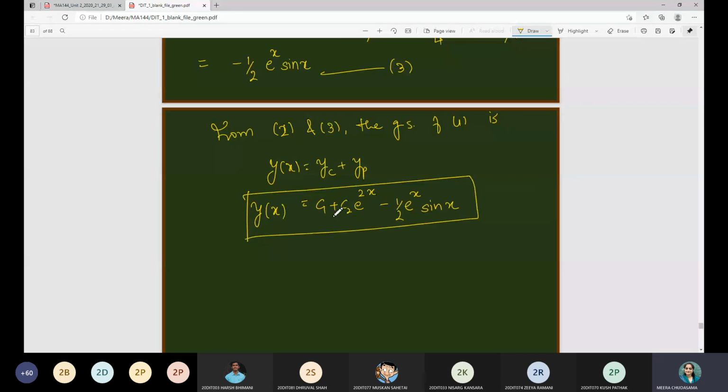Second order derivative, therefore two arbitrary constants C1 and C2, particular integral is free from constant quantities, and the same will follow for the general solution as well.